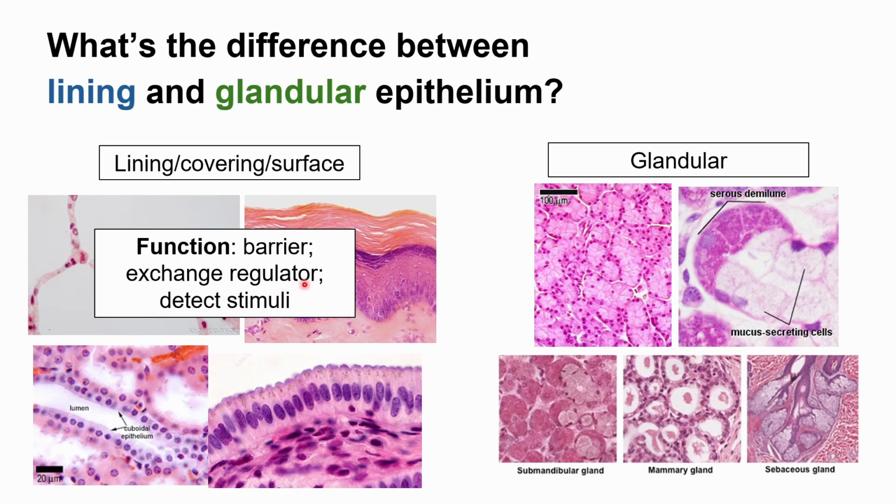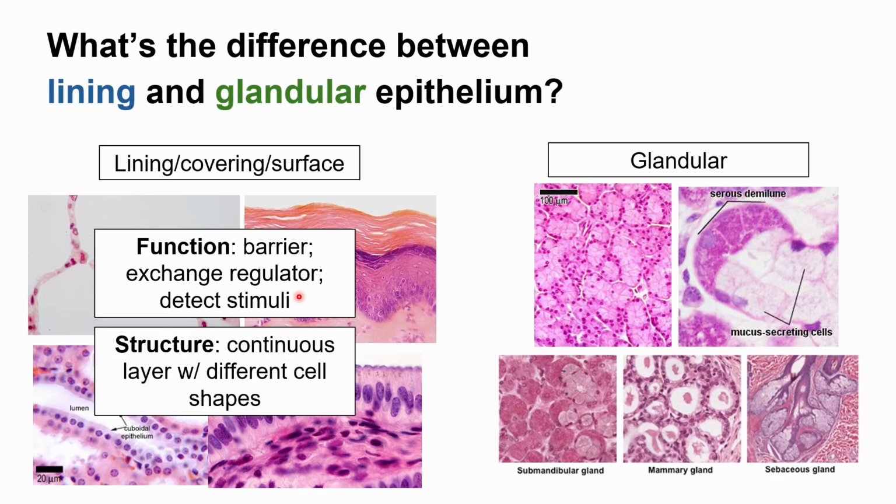Okay? It is also an exchange regulator. Since it is the barrier, it is the one which usually decides which particles to allow to go deeper into the tissues and which to just keep outside. And since it is the one that is nearest to the outside area, the most exposed to the environment, it's also the one which usually detects stimuli.